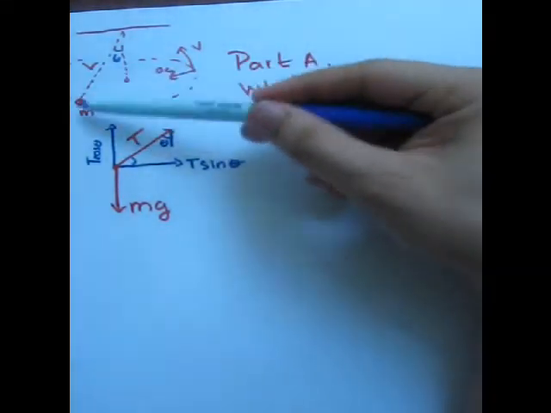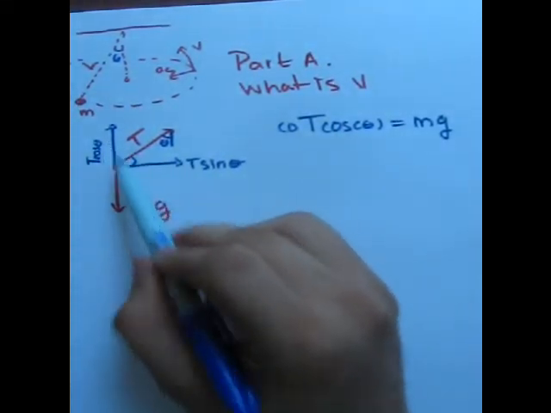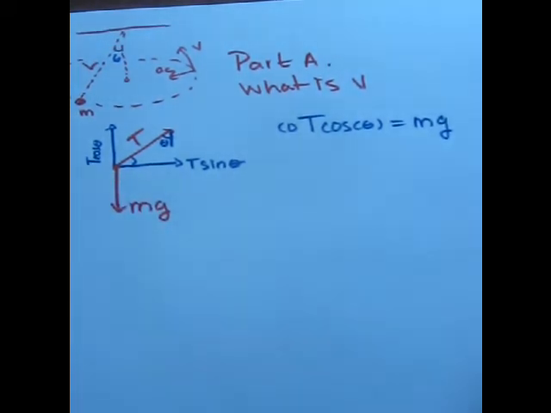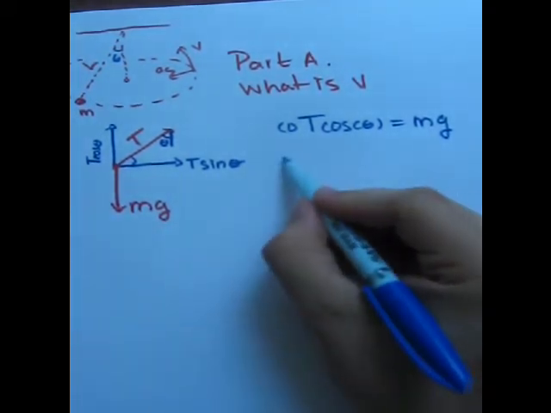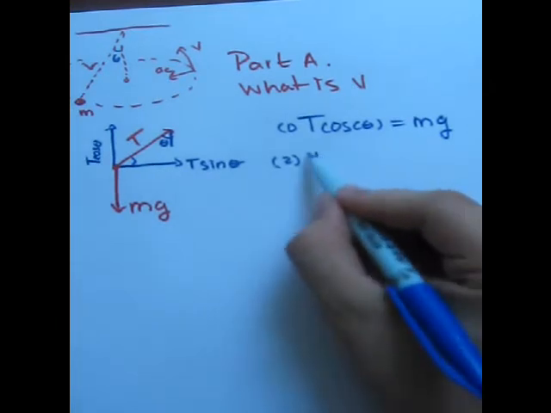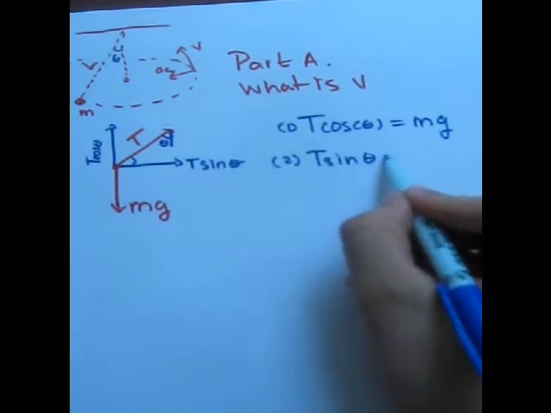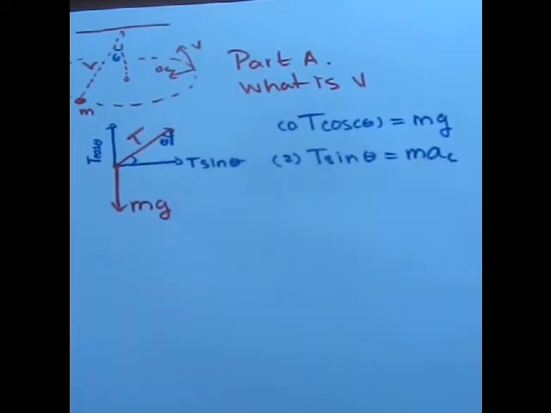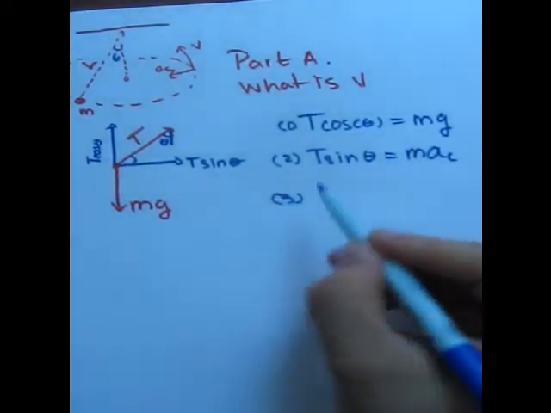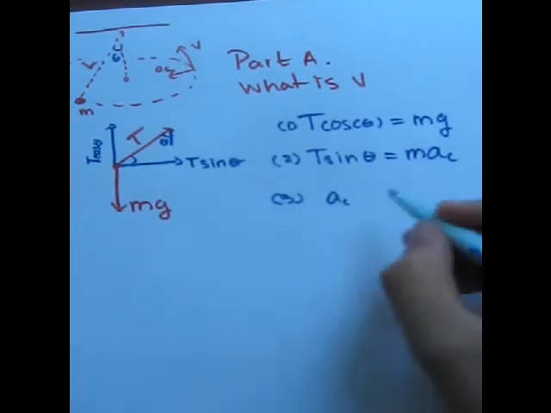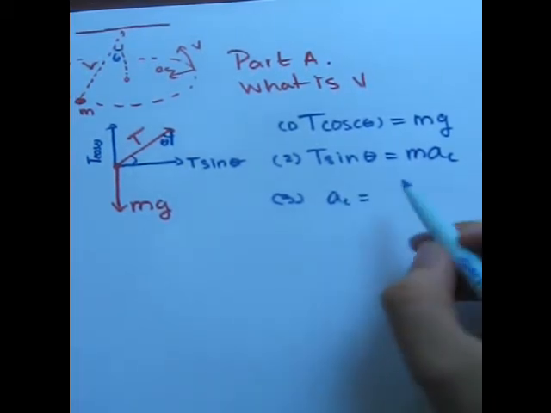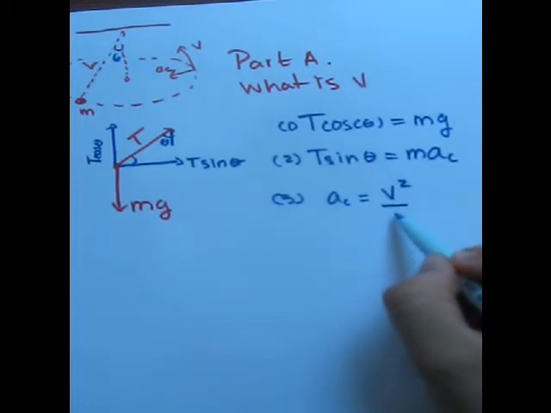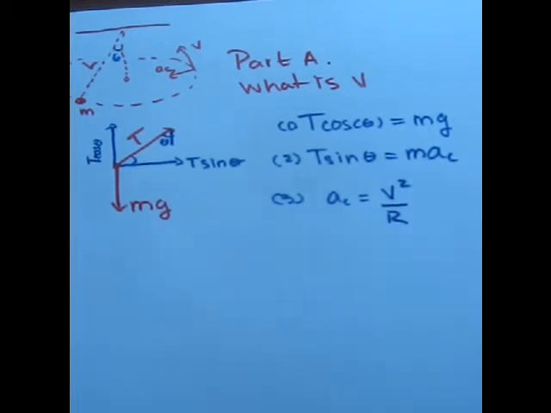Since it's not moving up or down, there's no acceleration, therefore T cosine theta has to equal mg. My second equation will come from T sine theta. Now there is acceleration in that direction, so I'm going to put m a_c for centripetal. And there was an equation from a previous chapter that says centripetal acceleration is v squared over r.